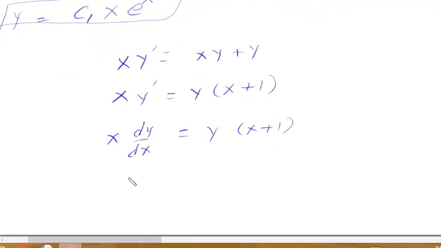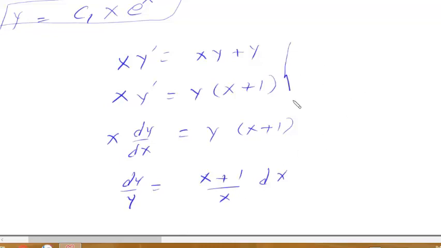Then y is divided here. This is dy divided by y is equal to x plus 1 divided by x into dx.